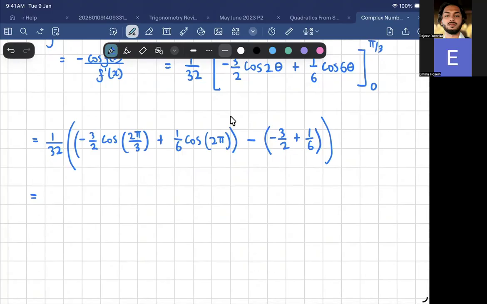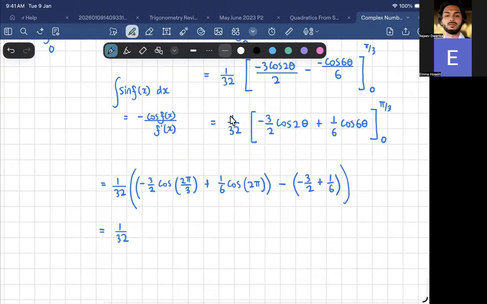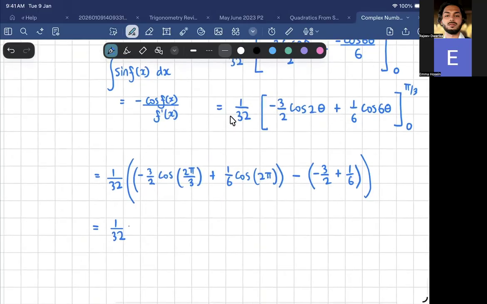I got 11 over 12 for the 8 pi on 3 part. Wait, so why do you have 2 pi in the bracket? Isn't it 2 pi on 3? Oh wait, no, it's fine. So 2 pi on 3, I think that's supposed to be minus a half.